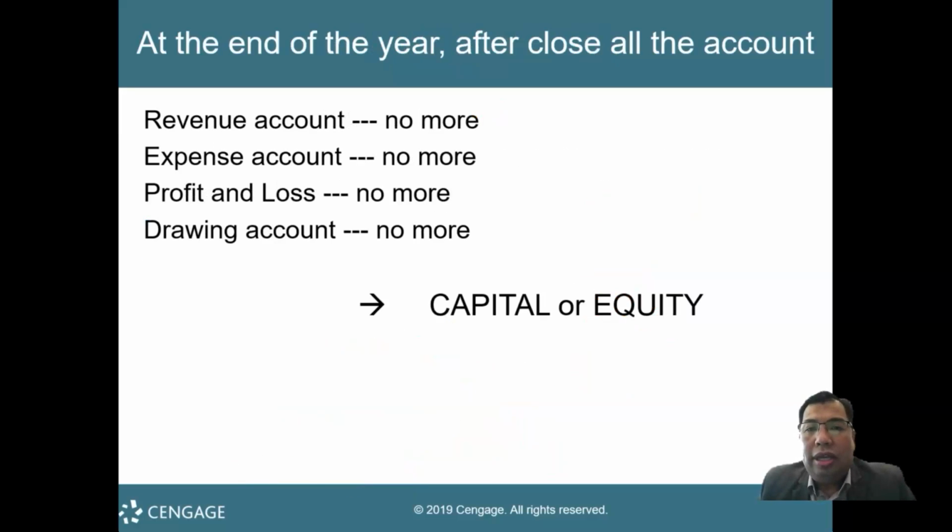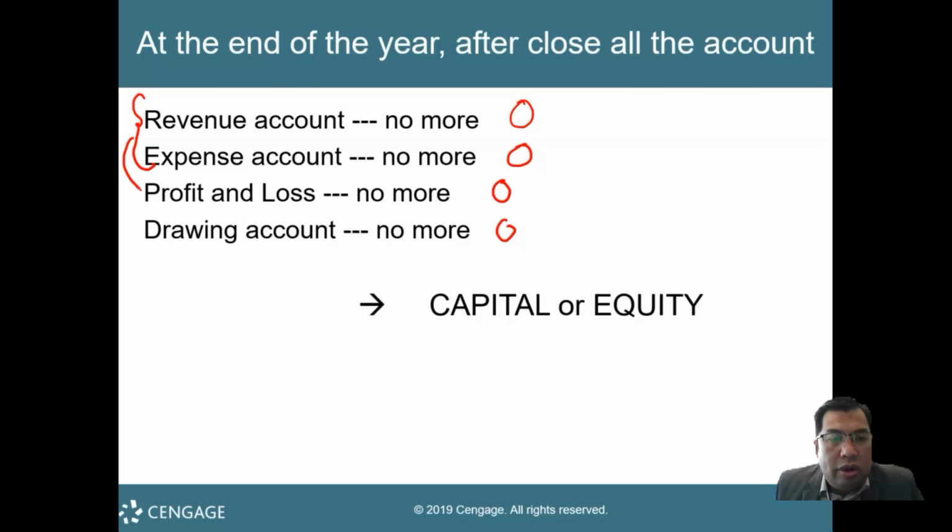So at the end of the year, after closing all the accounts, we don't have any revenue accounts anymore. Everything will be zero. Your expense account will be zero, your profit and loss account will be zero, and your drawing account will be zero. Your revenue and expense accounts you transfer to your income summary or profit and loss.